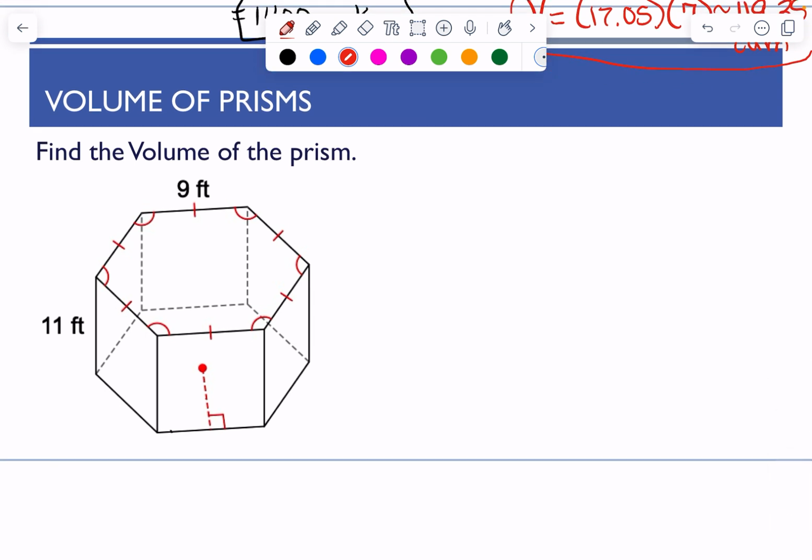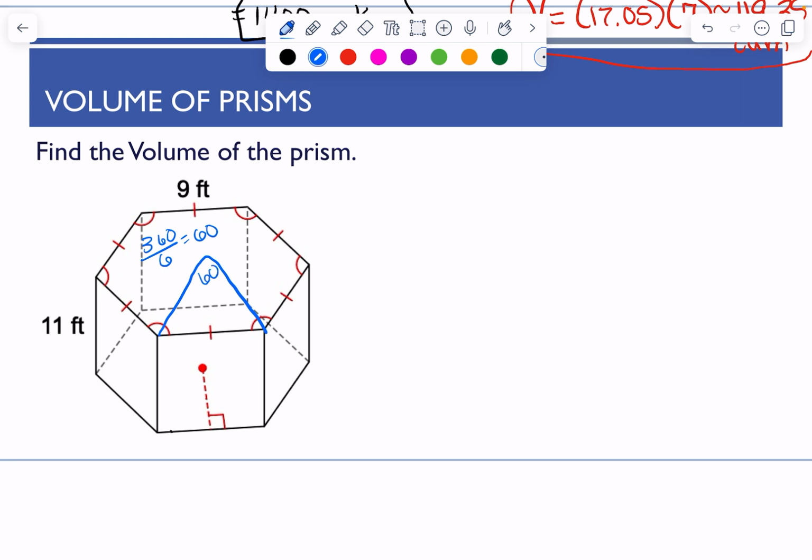Here, if you notice, we have a hexagonal prism. So here what I'm told is that I have 9 feet for a side length. I have a height of 11. But because it's a regular hexagon, I have to know the apothem. So when we look at a hexagon, remember, if we find that central angle, we take 360 divided by 6, which is 60 degrees.